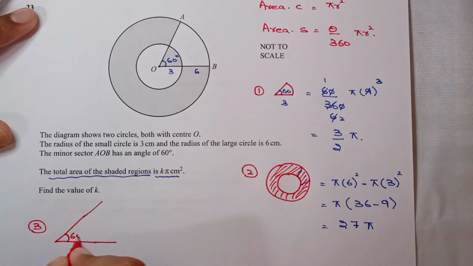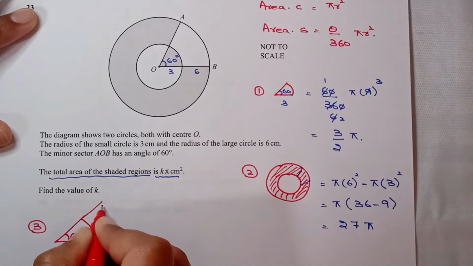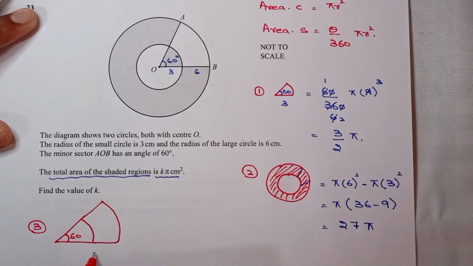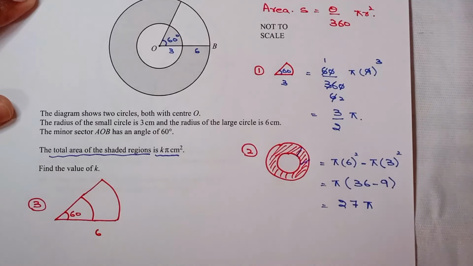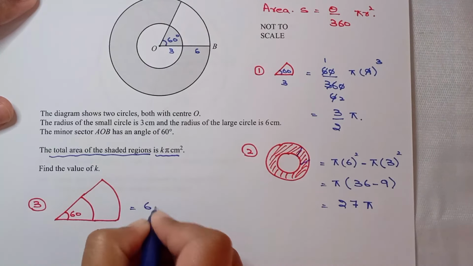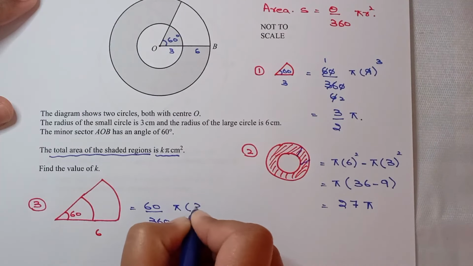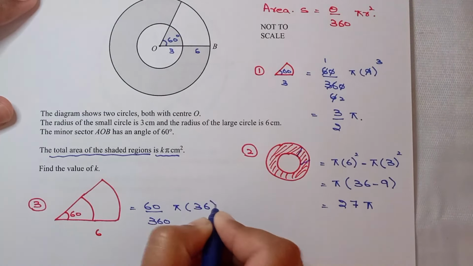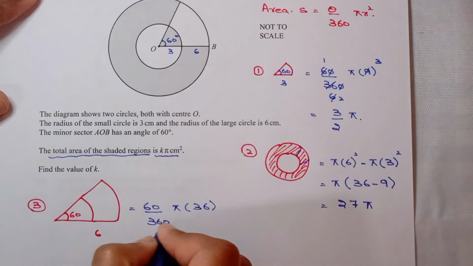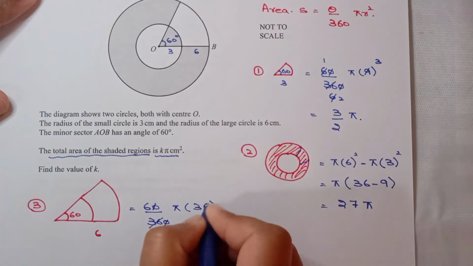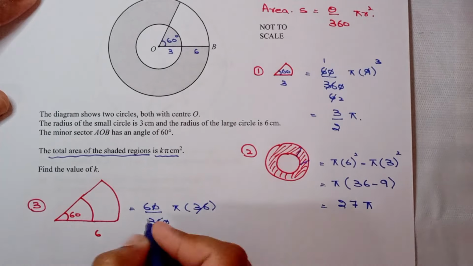This is 60 and this is a larger sector, its radius is 6. So the area of the larger sector is again 60 over 360, pi r square. 6 times 6 is 36. 0 is cancelled with 0. 36 is cancelled with 36. We're just left with 6 pi.